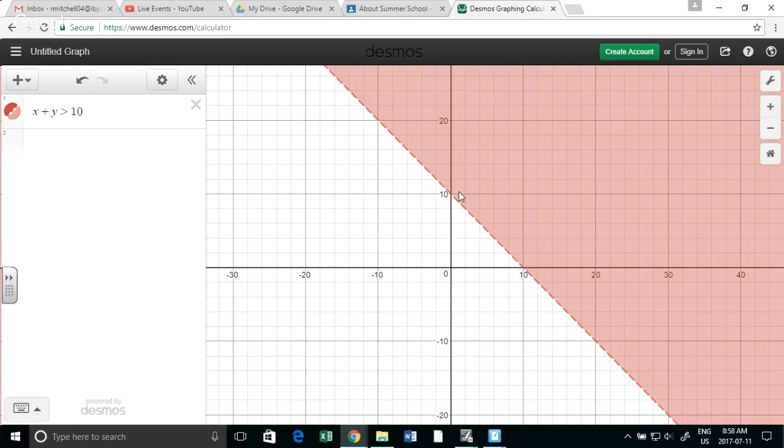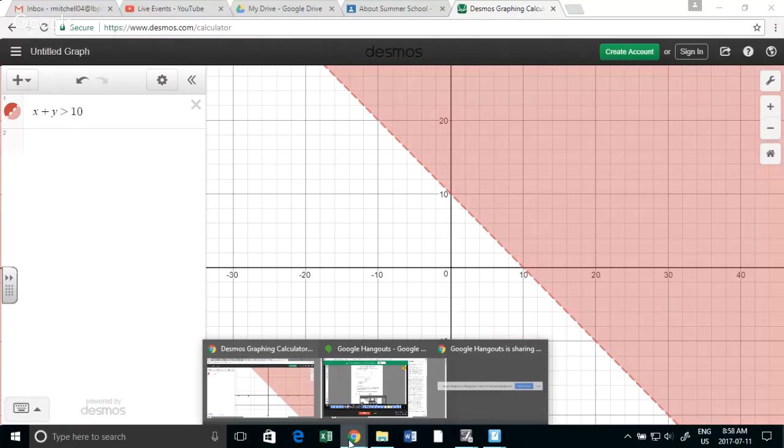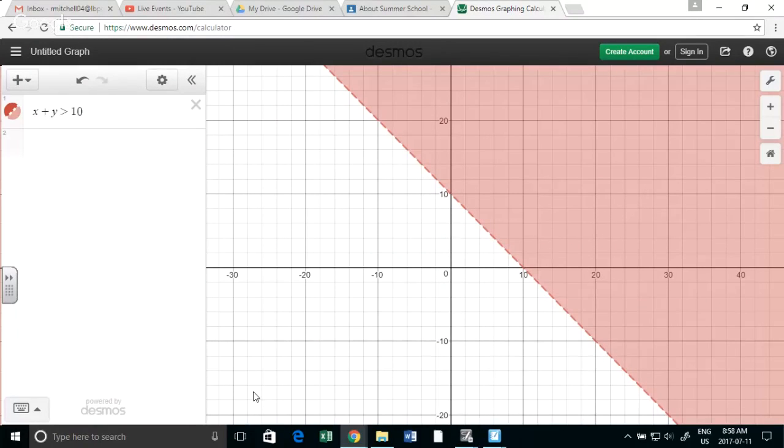For example, if I have 0 and 20, 0 plus 20 is greater than 10. But if I have 0, 0, 0 plus 0 is not greater than 10. So these portions do not satisfy the inequality, do not give me a true inequality. But any point in this portion does. So that's what an inequality looks like in two variables, a region of the Cartesian plane.